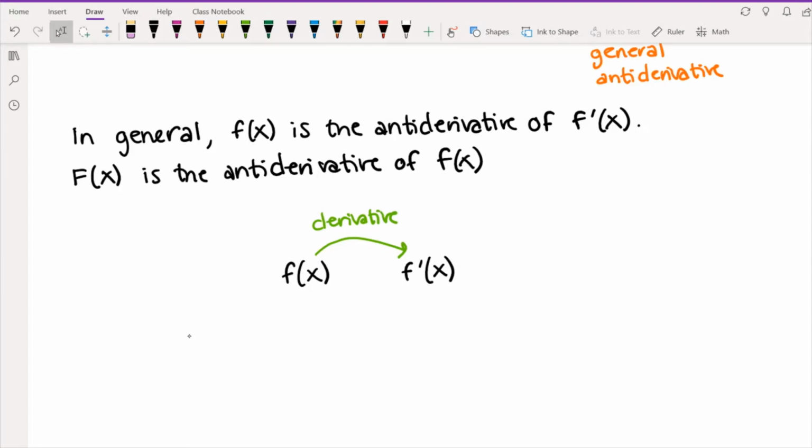And so what that means is that if you take the antiderivative of f prime of x, that is little f of x. If you wanted to take the antiderivative again, that's what we were talking about just above. That's where you use the capital F letter.